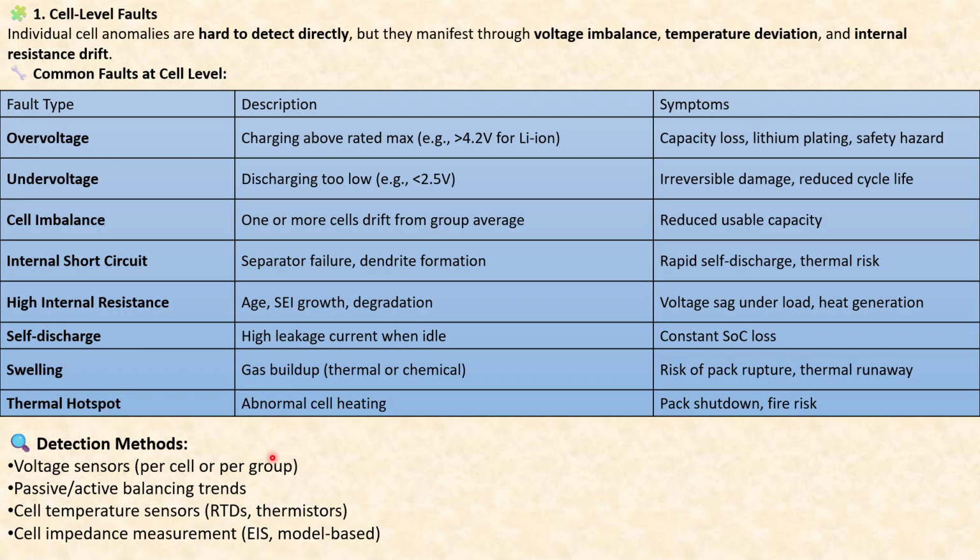Talking about the thermal hotspot: abnormal cell heating, pack shutdown, fire risk, etc. Now talking about the detection methods: voltage sensors, passive and active balancing trends, cell temperature sensors, which include RTDs and thermistors, and cell impedance measurement, which includes EIS and model-based methods. So these are how the various types of cell faults are detected.